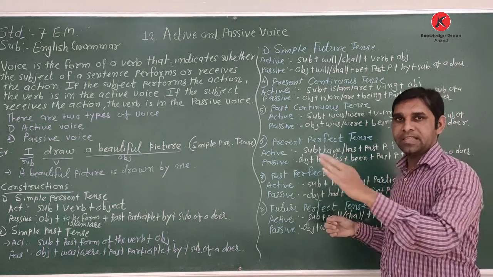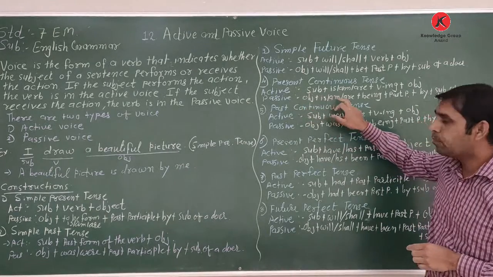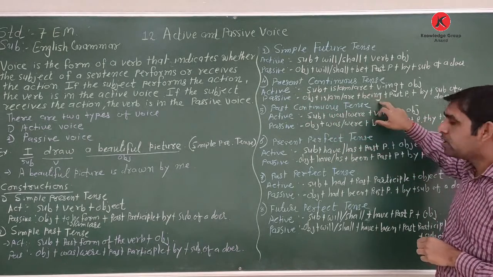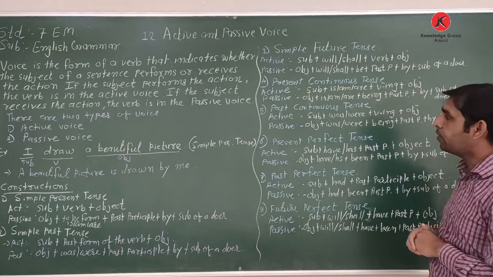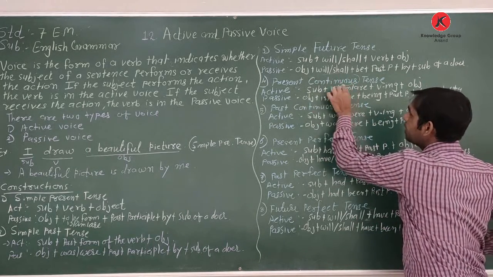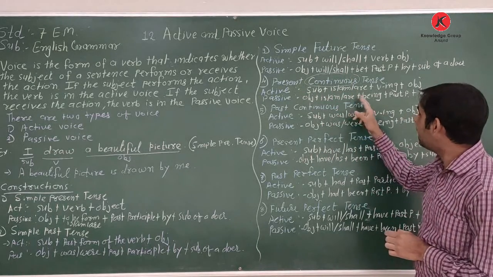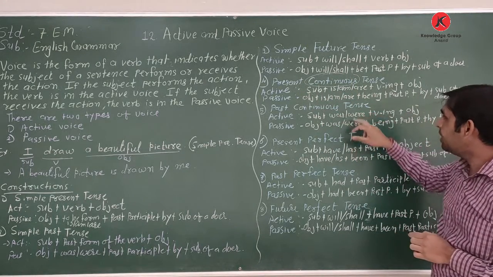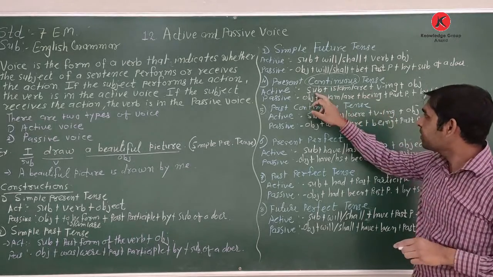The passive construction is object plus is/am/are plus being plus past participle plus by and the subject of the doer. In present continuous and past continuous we need to write being after the to-be form in the passive construction.